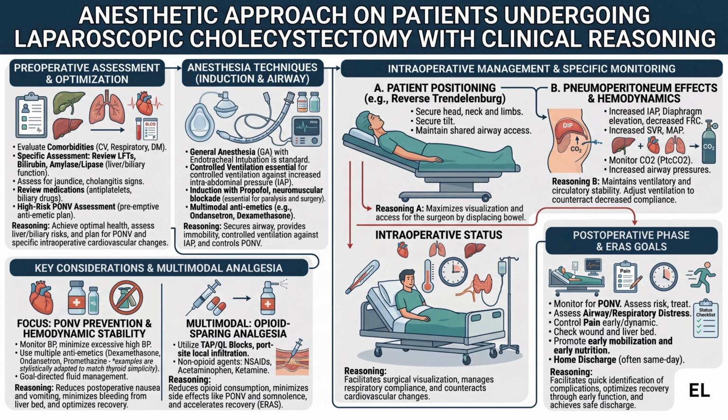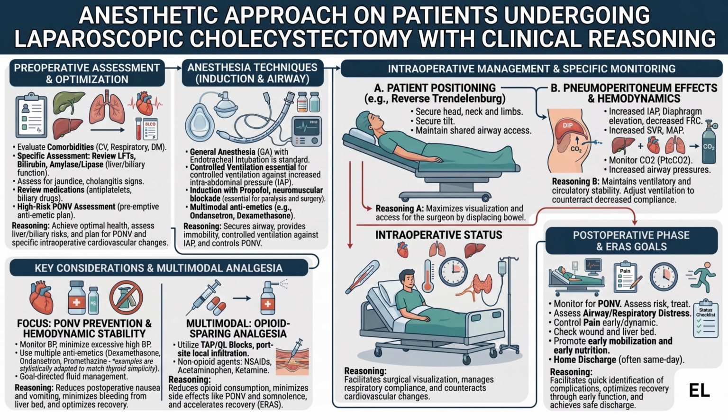Before surgery, the anesthesiologist carefully evaluates the patient's overall health condition and associated comorbidities such as hypertension, diabetes mellitus, obesity, respiratory disease, and cardiac disorders. Since this surgery involves the gallbladder and hepatobiliary system, liver function tests become extremely important.